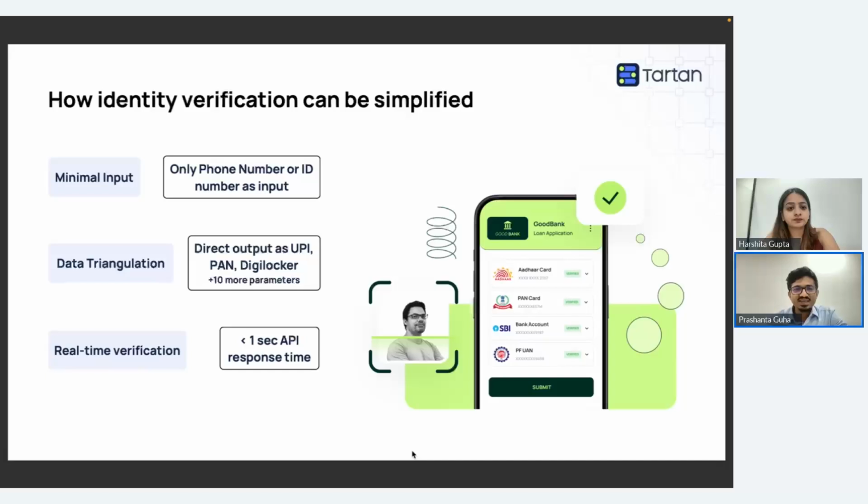Then when you ask users to add a lot of different documents, instead you can verify those documents directly from the EPFO website, from the tax authorities. Say in case you need them to upload a lot of different pay slips, you can directly fetch the data from their own HRMS systems and get the data right from them instead of asking the user to upload a lot of different payslips.